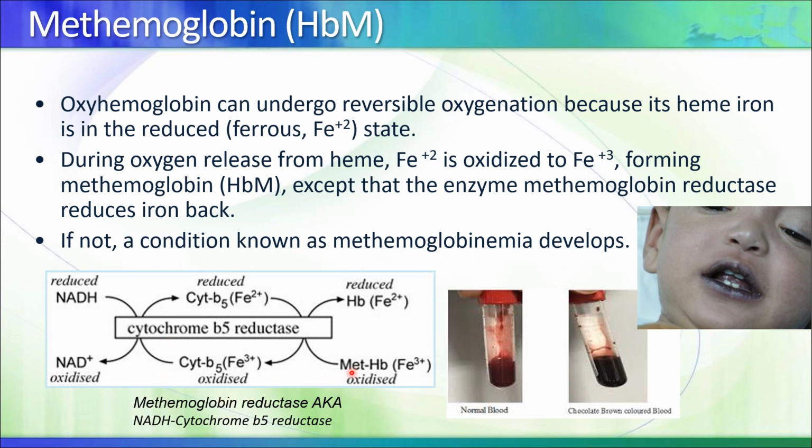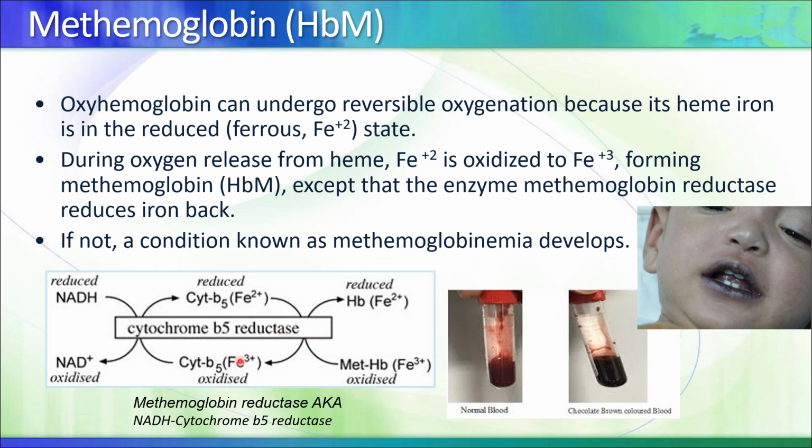See, what happens is that if you have the formation of a methemoglobin, immediately this reductase, the methemoglobin reductase, reduces methemoglobin to a hemoglobin molecule with iron in the ferrous state.